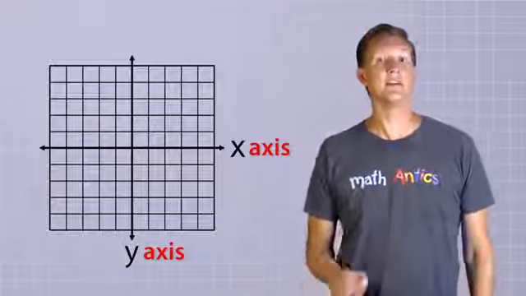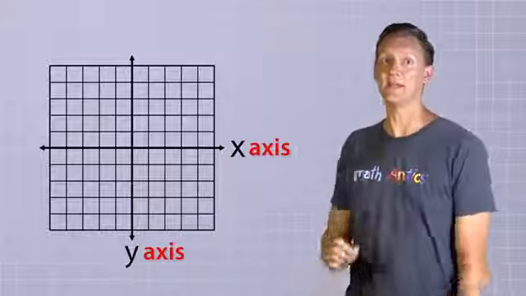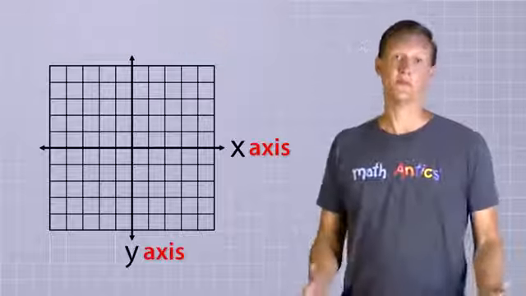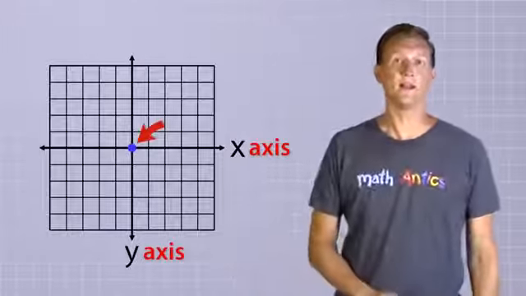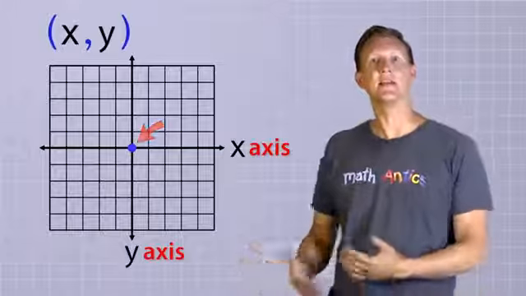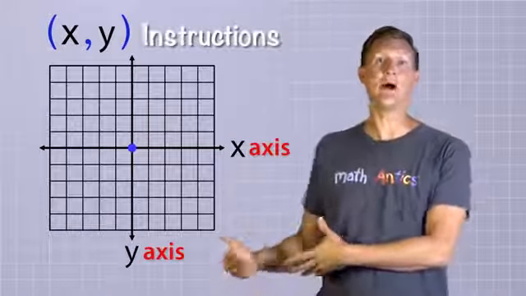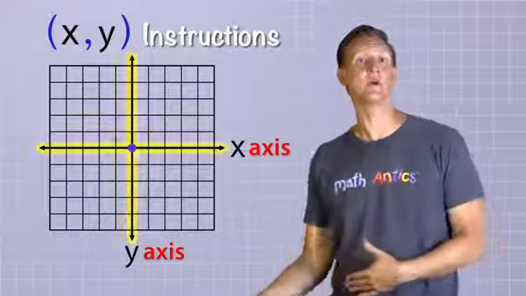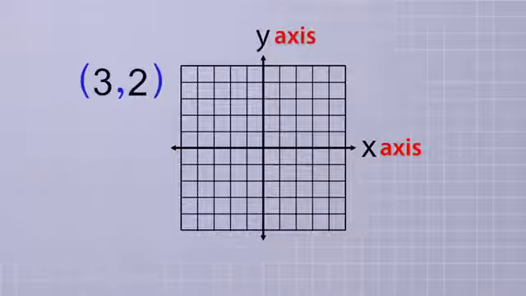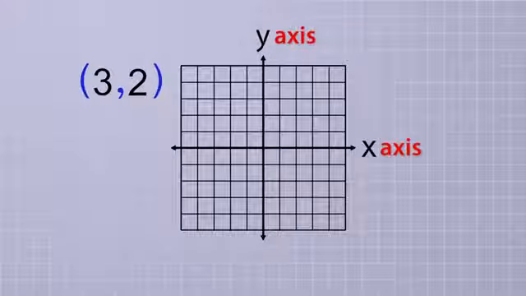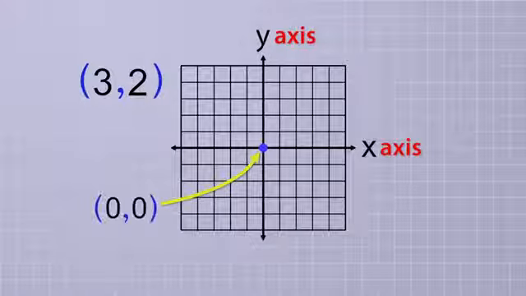But I want to show you an even easier and more intuitive way to actually plot points. This more intuitive way involves starting with a point at the origin of the coordinate plane and then treating the coordinates like a set of simple instructions that tell you how far to move your point in the x and y directions. For example, to plot the coordinates 3, 2 like before, we start by imagining a point at the origin, 0, 0.